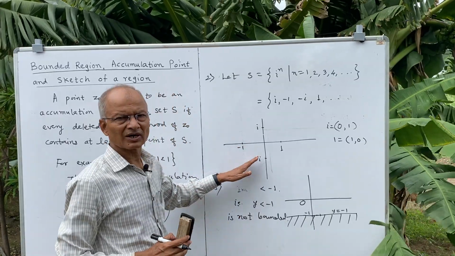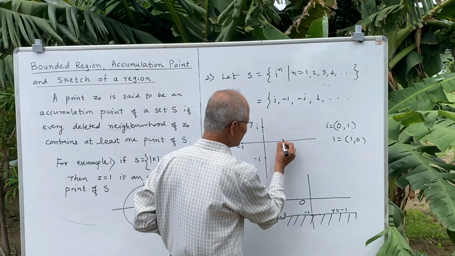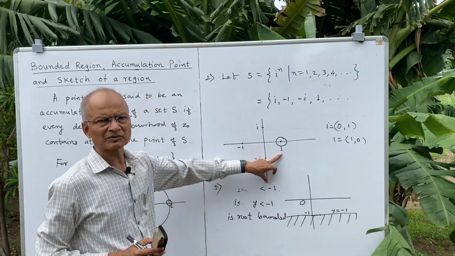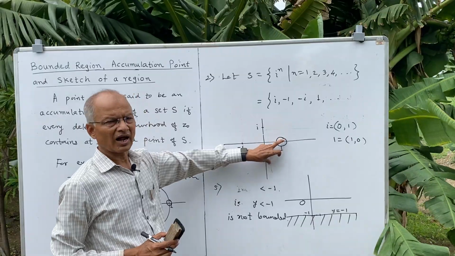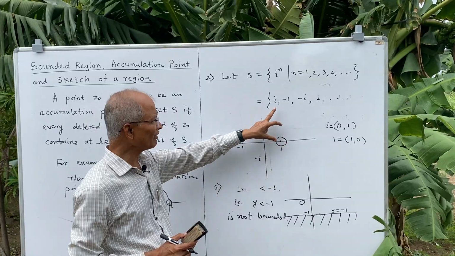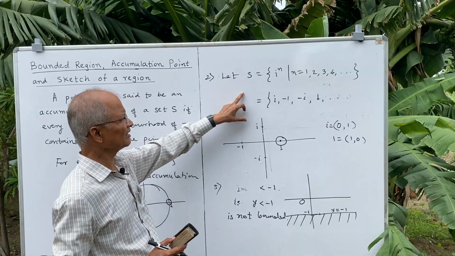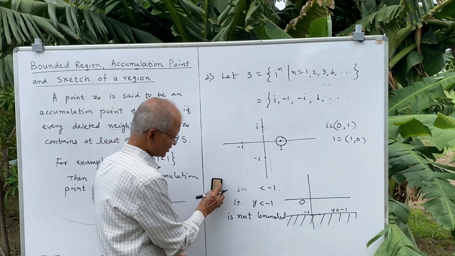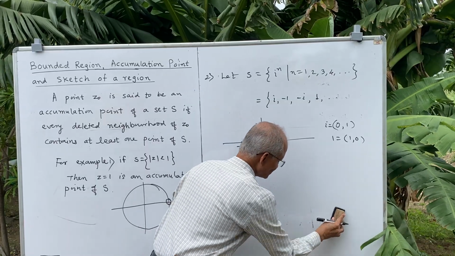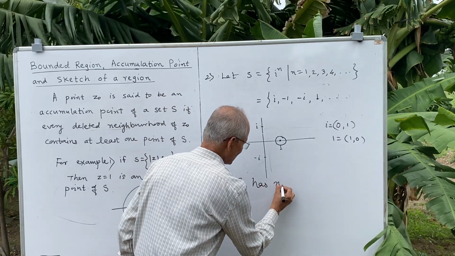But if you consider a deleted neighborhood of any one of these points, the epsilon neighborhood of 1 can be considered, and this neighborhood of 1 does not contain a point of S. Therefore this set does not contain an accumulation point. So S has no accumulation point.